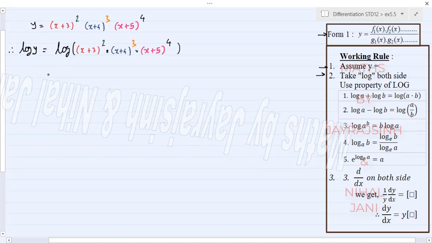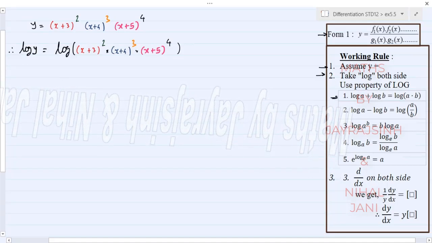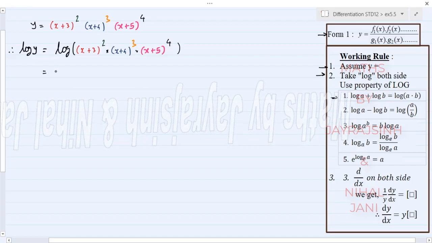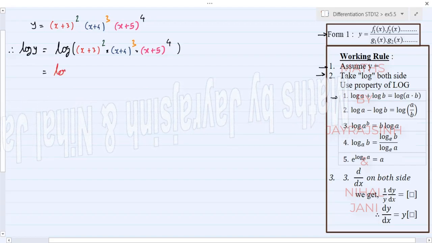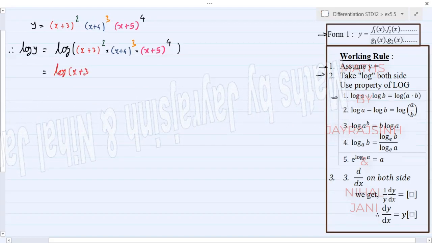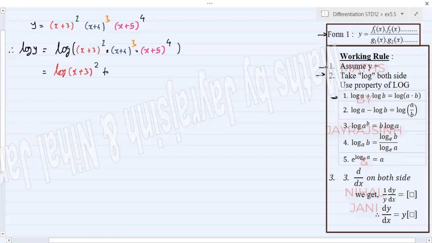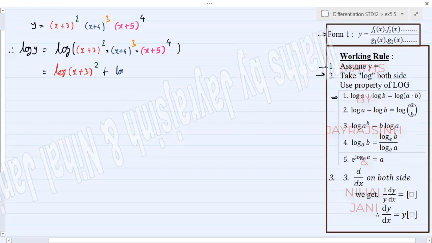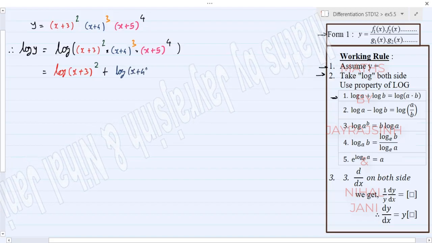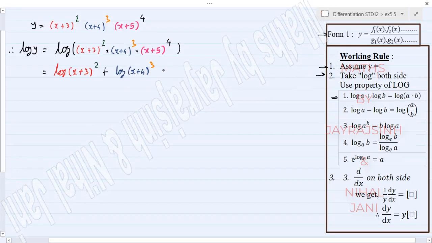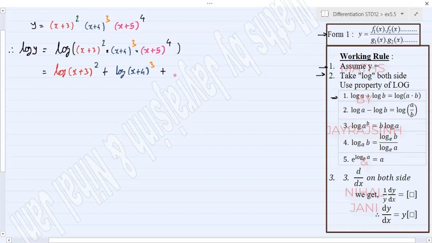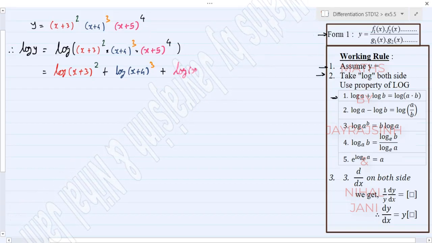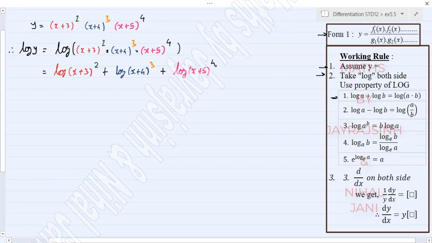For simplification of the right hand side, first of all, we have to use the first property. So we will get log of x plus 3 whole square plus log of x plus 4 whole cube plus log of x plus 5 whole raised to 4.